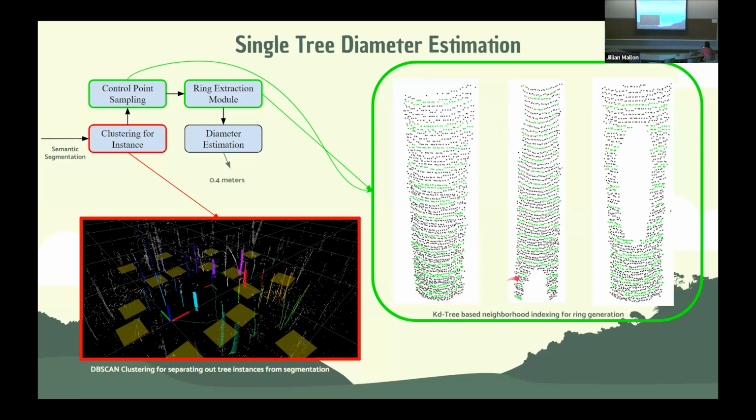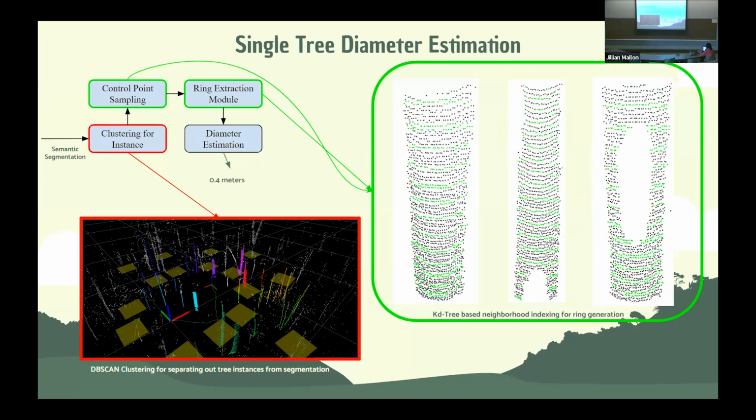It also gives the advantage that, if there are holes induced into the system because of false positives, we can still get the entire ring to calculate the diameter because it's region-based indexing and it's extremely fast. So a diameter is calculated for every single control point, but this is just one instance.